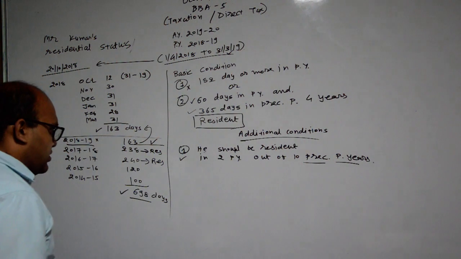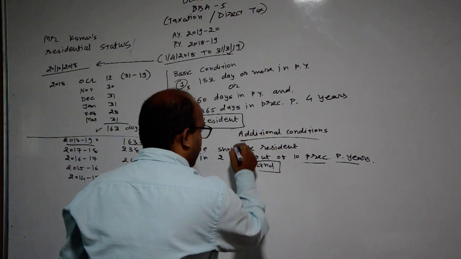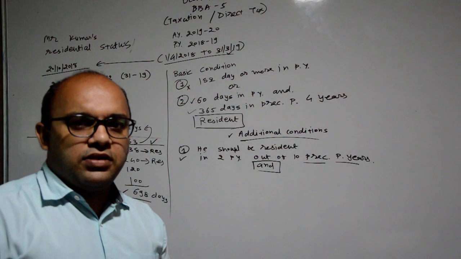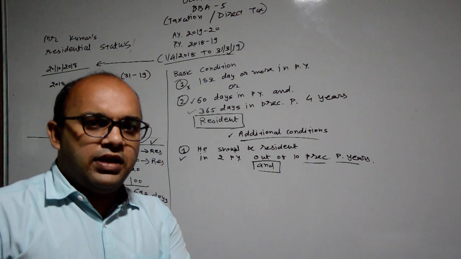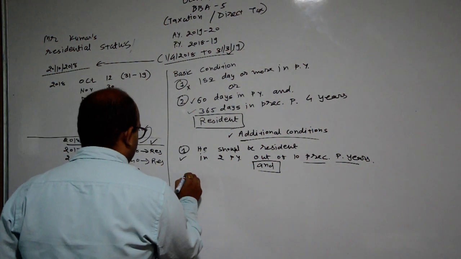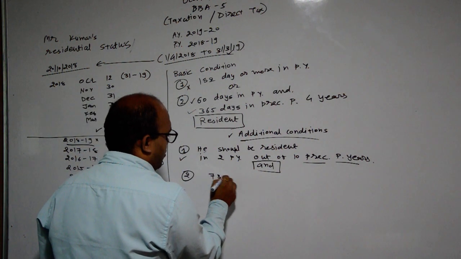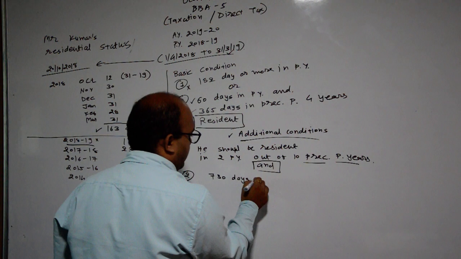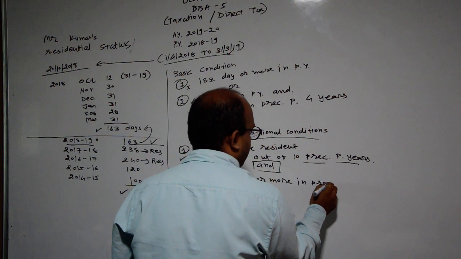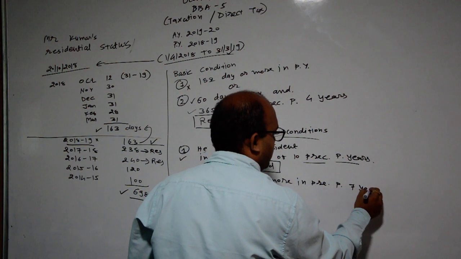Okay, then after that, the word used here is and, because in additional conditions, if both additional conditions are satisfied, then and only then he becomes ordinarily resident. So according to the second condition, 730 days or more in the preceding previous 7 years.